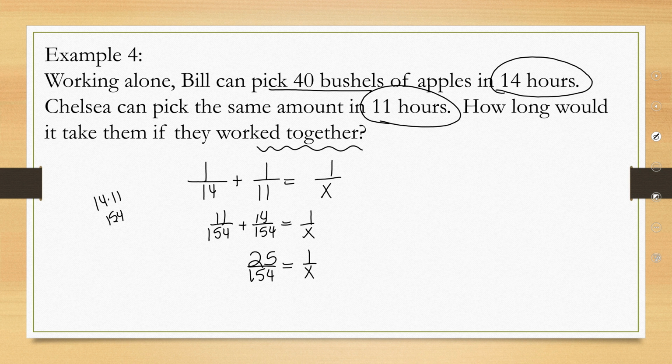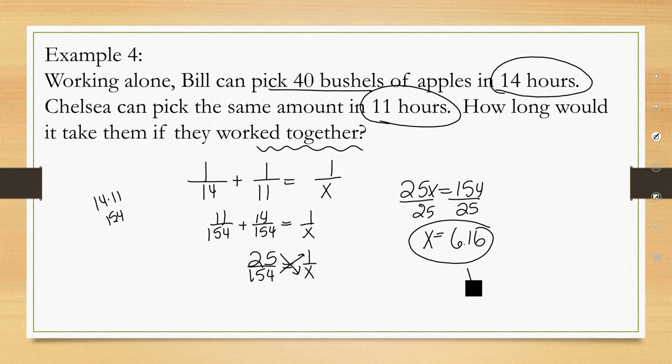And now I can cross multiply. The means equal the extremes. So 25x equals 154. And when you divide through, you'll isolate your x and get 6.16. So that is their together time that it takes.